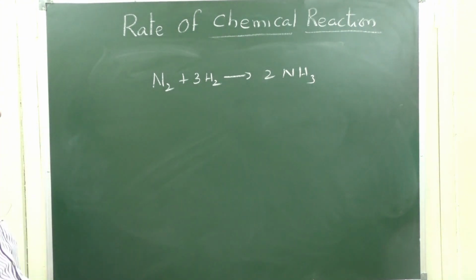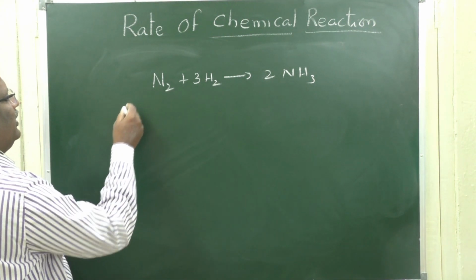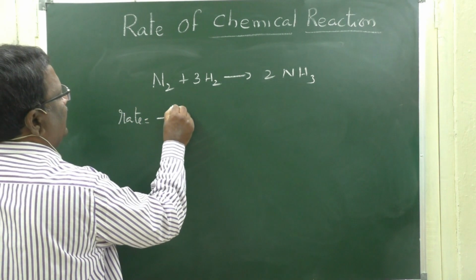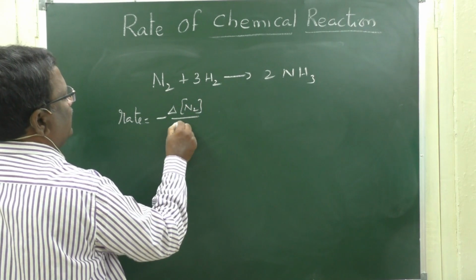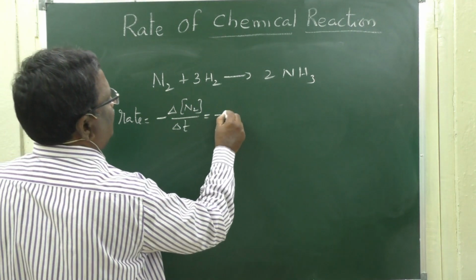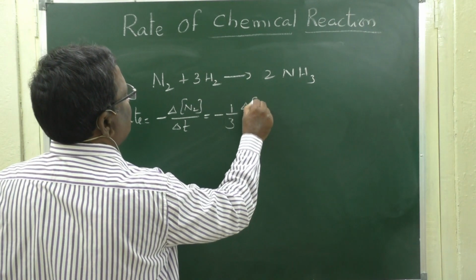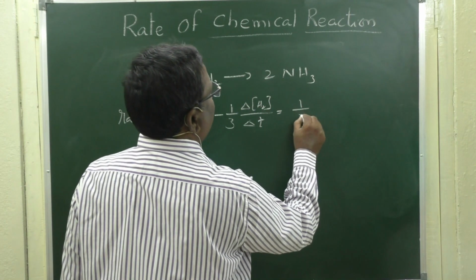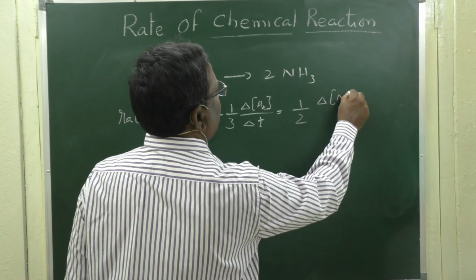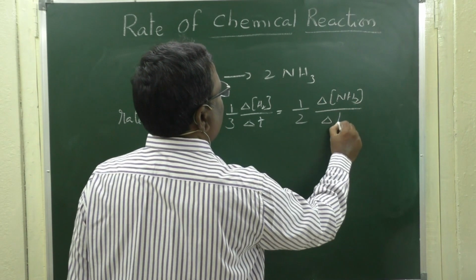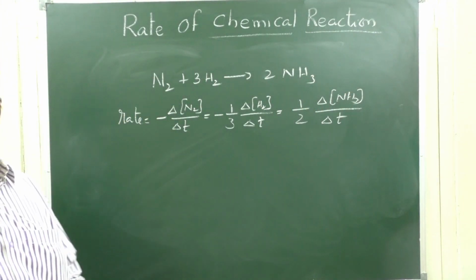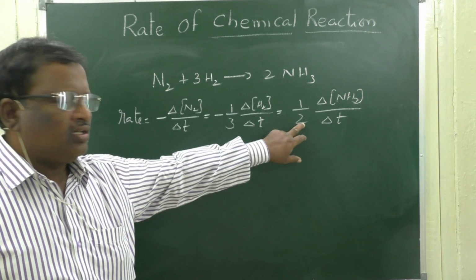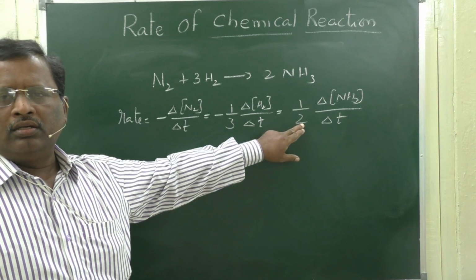If you want to express this rate, all these terms, it will be like this: rate is equal to minus delta concentration of N2 by delta T is equal to minus 1 by 3 change in the concentration of H2 by time is equal to 1 by 2 change in the concentration of NH3 by delta T. For any reaction, whether it is a molecular reaction or an ionic reaction, we will have the coefficient as a fraction in the rate expression.